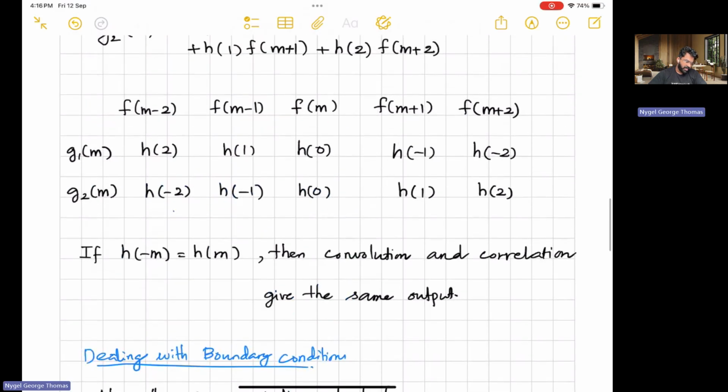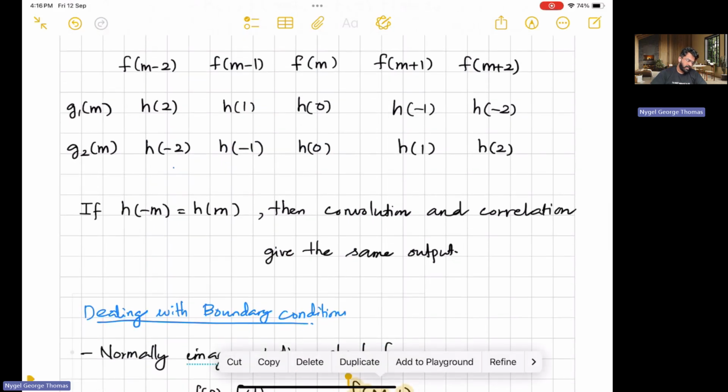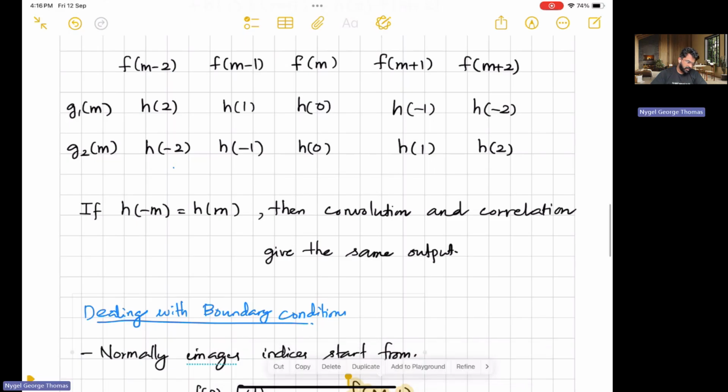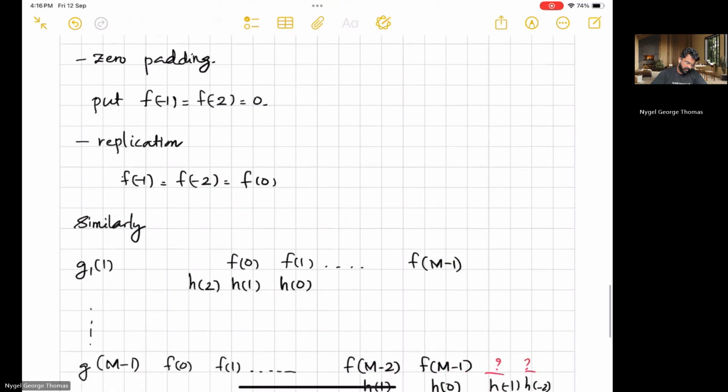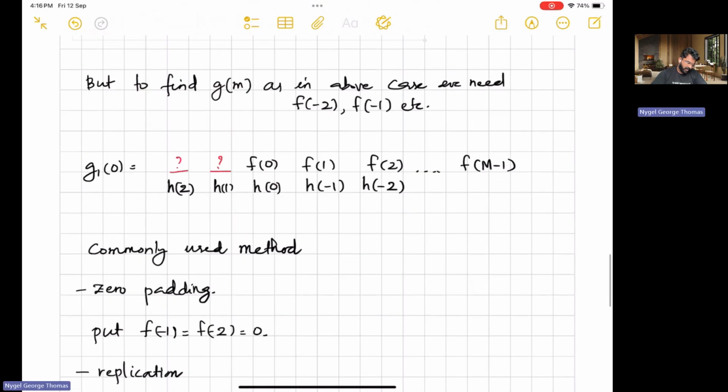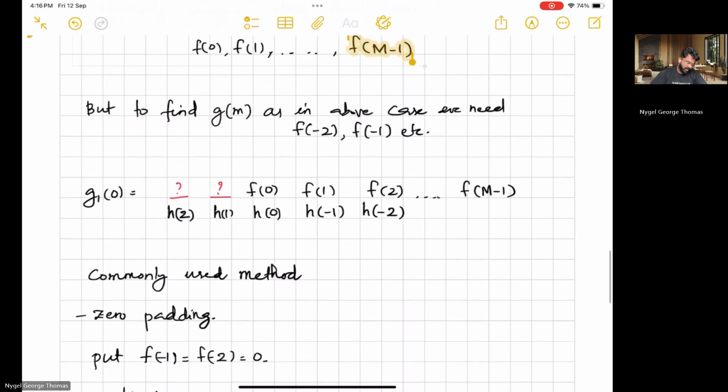See, let's put m equal to 0 in this equation. Then to find m equal to 0, the convolution expression is f of minus 2 into h of 2, f of minus 1 into h of 1, f of 0 into h of 0, f of 1 into h of minus 1, f of 2 into h of minus 2.